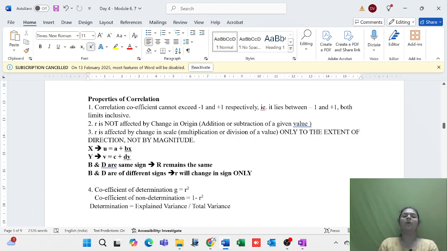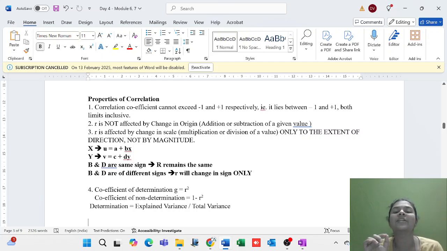Next, coefficient of determination is given as R square and non-determination is 1 minus R square, where determination is equal to explained variance by total variance. So these are the basic properties that you will remember for correlation.